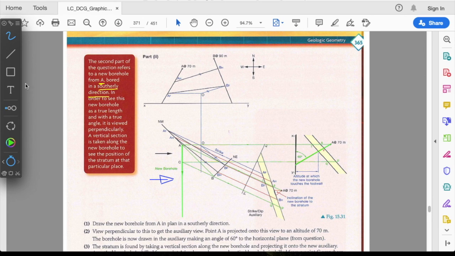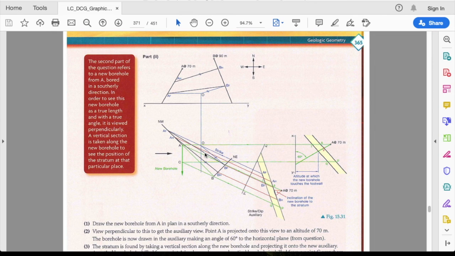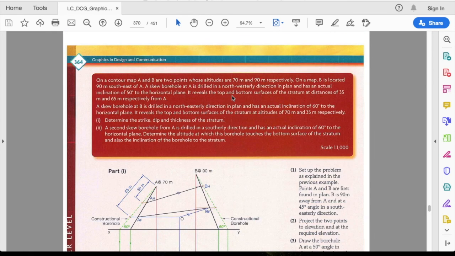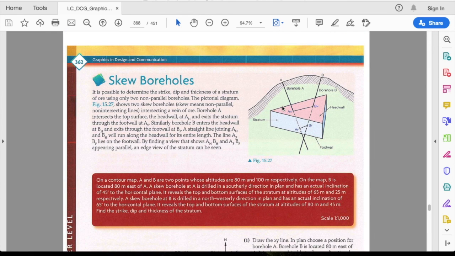What this involves is to remember that the stratum is bigger than these two lines. If I go back here and look at where these are coming from, we have our skew boreholes coming down here, and we have our head wall and our footwall.